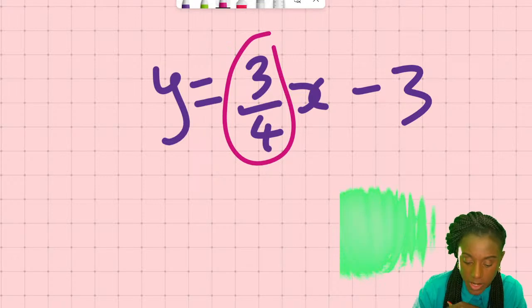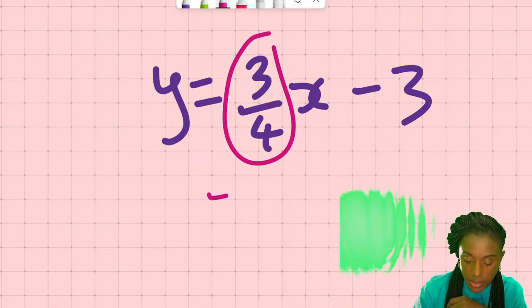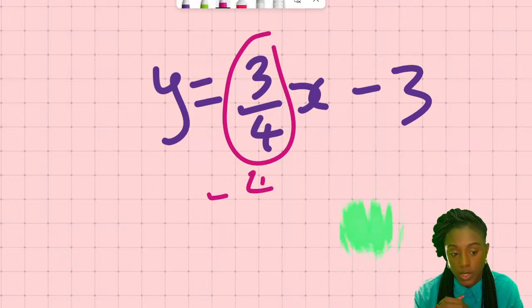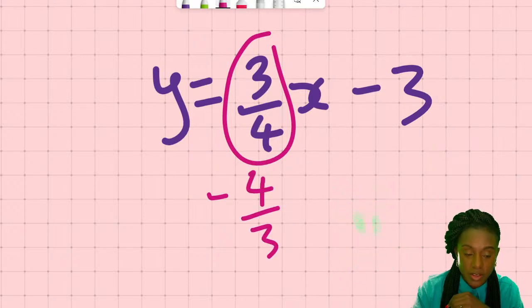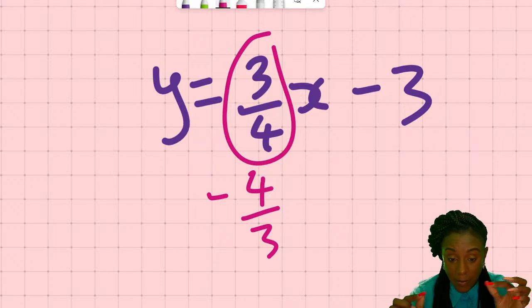So this would become negative, and you write the reciprocal of that gradient. So that is 4/3. Now the reason why the gradient would be this is simply because the product of the gradients of lines that are perpendicular will always be -1.